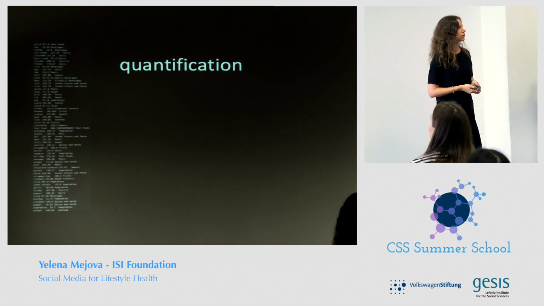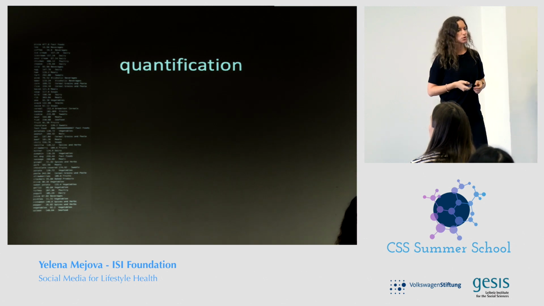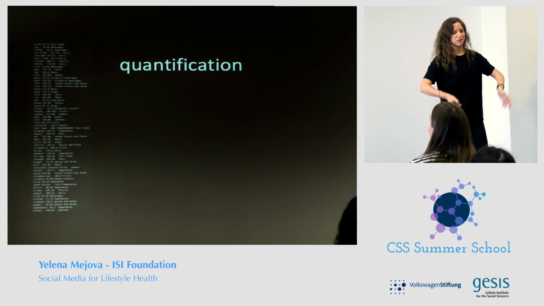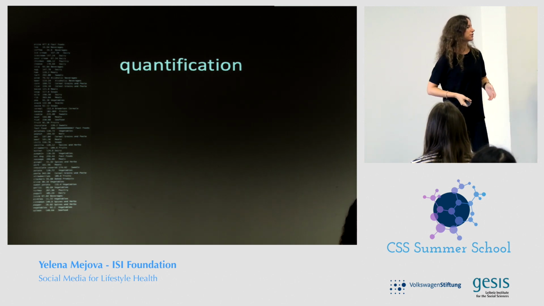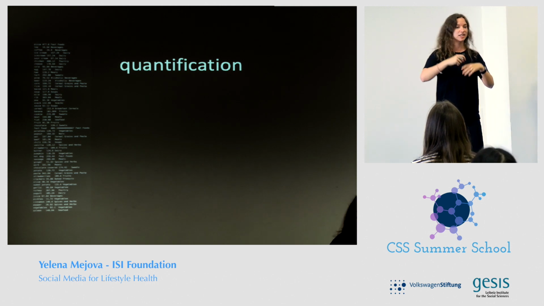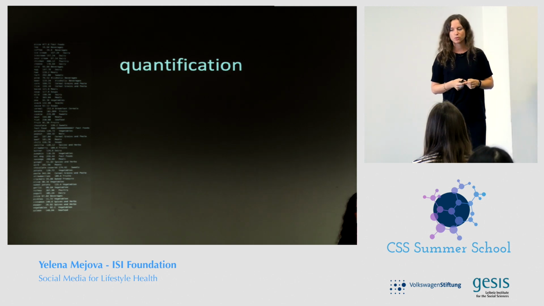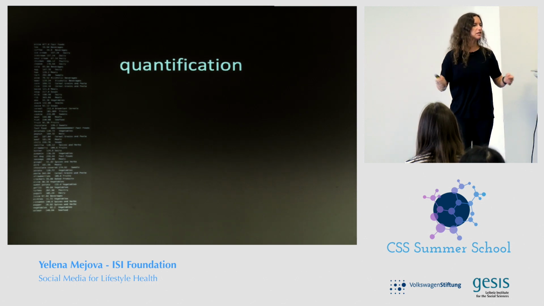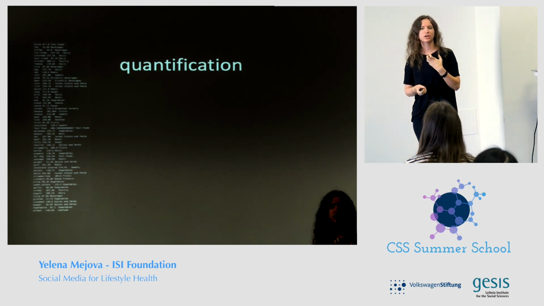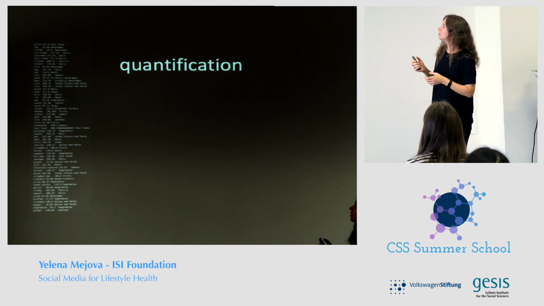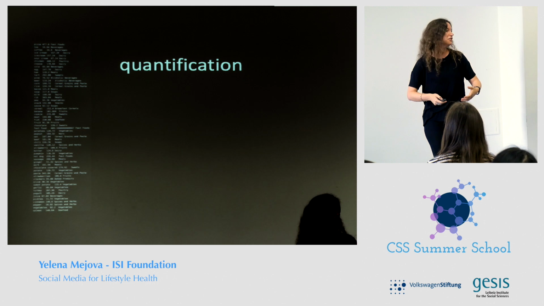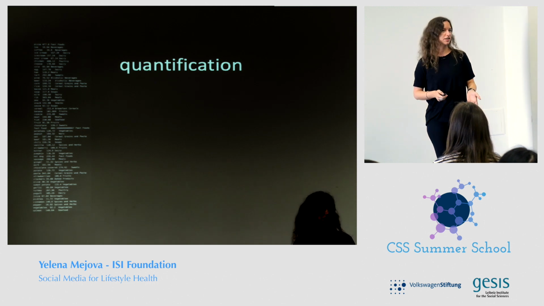You can imagine, and I will later show you, this data is big. It may be millions of records, thousands of people, text and images and all of these. So often what we want to do is not look at it in aggregate, but have a specific quantification task and ask what am I actually trying to understand from this? Here, what we really want to know is how heavy or unhealthy the food is that people are eating.